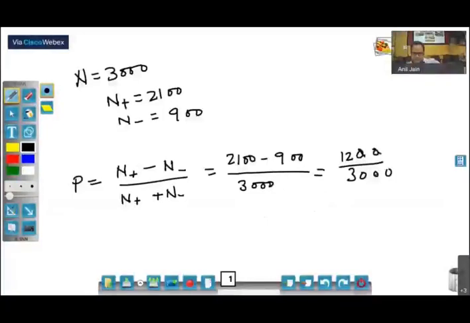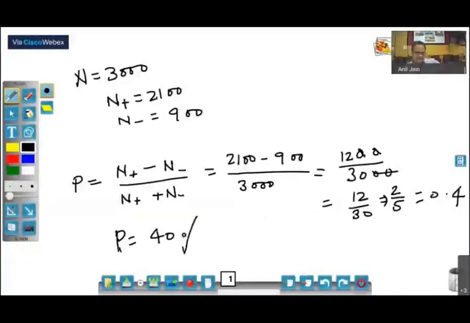So this 20 goes, so it is 12 divided by 30. It means 2 divided by 5. All right. So this is how I define this polarization of my beam. So my polarization is nothing but 0.4. So the polarization of my beam I can say is 40%.